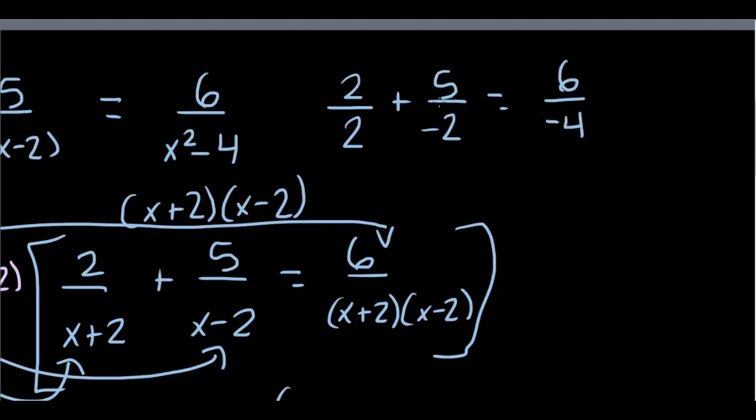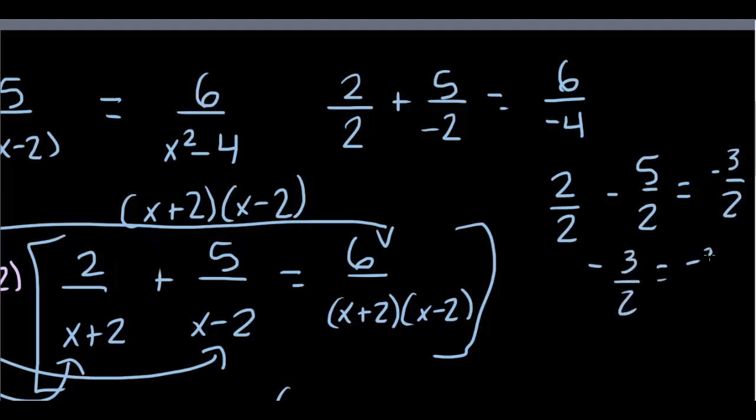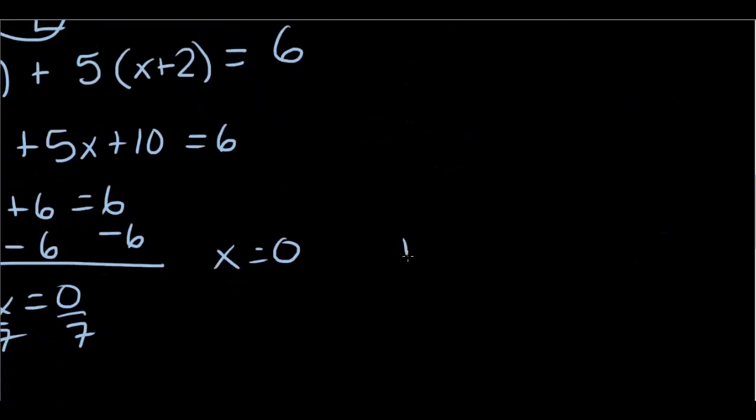So this is the same thing as having 2 over 2 minus 5 over 2 equals, and I can simplify this, negative 3 over 2. 2 minus 5 is negative 3, so negative 3 over 2 equals negative 3 over 2. So then yes, that happens to be a solution.